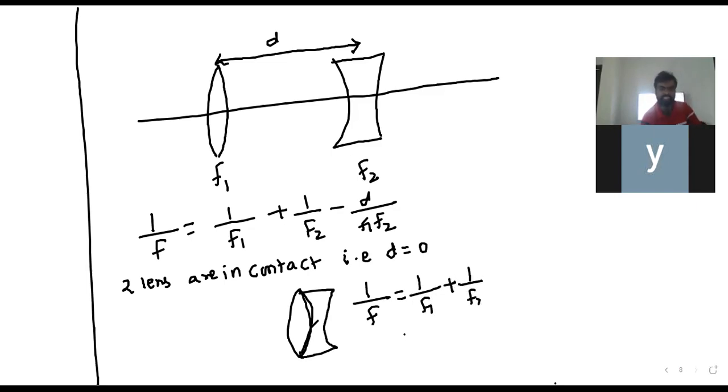If the second lens is concave, then by using sign convention, I can write 1 by f1 minus 1 by f2. First write the general formula and then apply sign convention. Then there will be no confusion and no mistake.